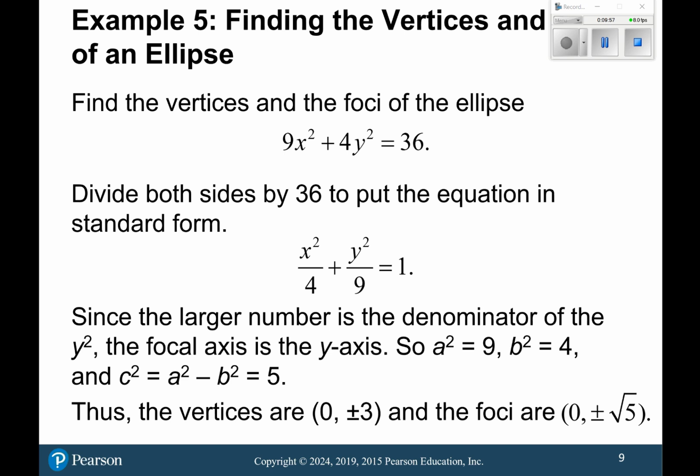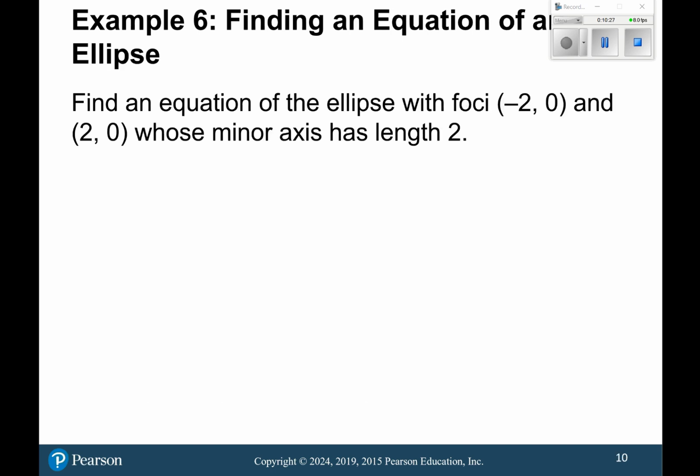And again, the value for C is going to be less than the distance to the vertices, because we're always subtracting, taking the difference between the denominators. So square root of 5, decimal approximation about 2.236. So the foci will be inside the ellipse.